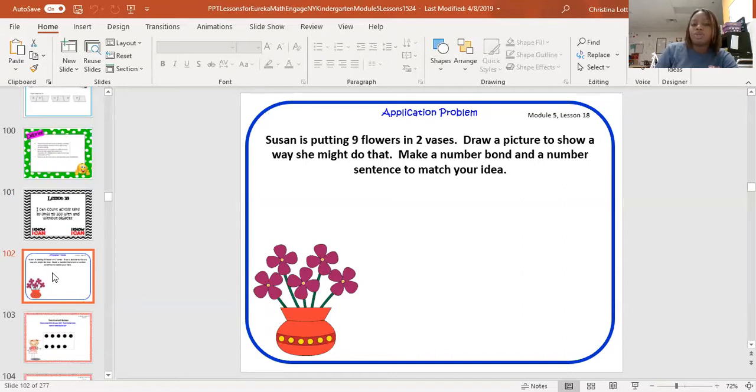I'll give you 2 minutes to try and draw your flowers and put them into 2 vases before I switch over to our DotCam screen and show you what it looks like. So I'm going to set my timer for 2 minutes, give you guys a chance to get it done, and go.